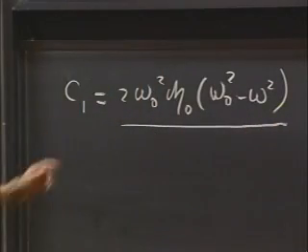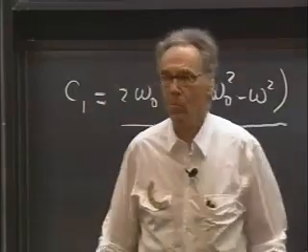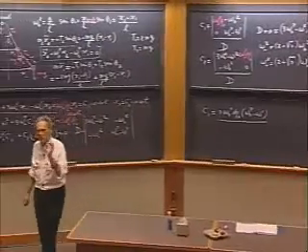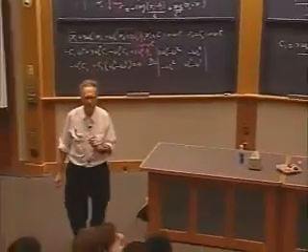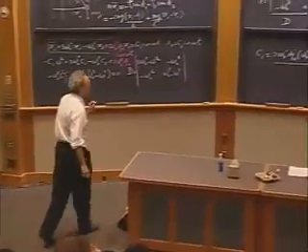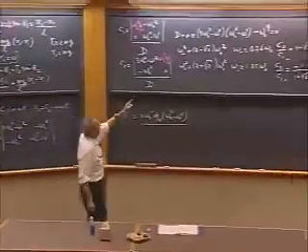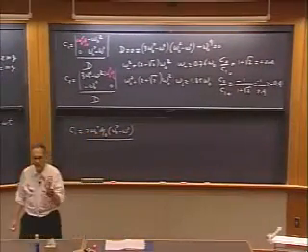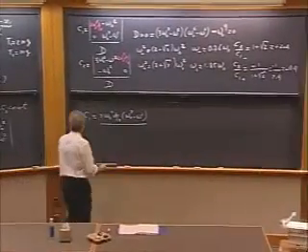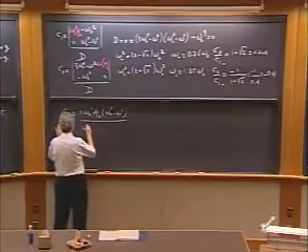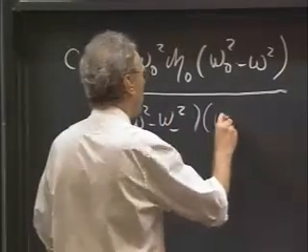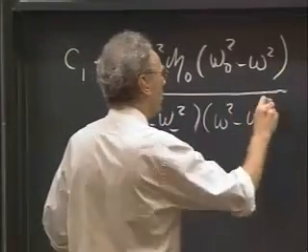Now, I could write d in that form, and there's nothing wrong with that. But I can write it in a form which is a little bit more transparent. We do know that omega minus and omega plus will make d 0. So you can write this in the following way: omega squared minus omega minus squared, times omega squared minus omega plus squared.